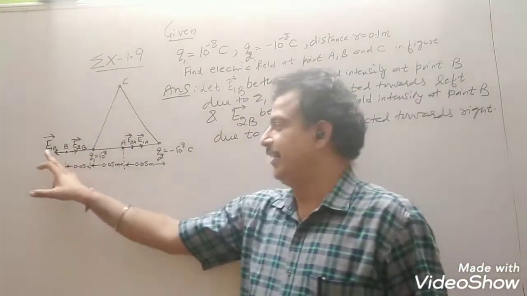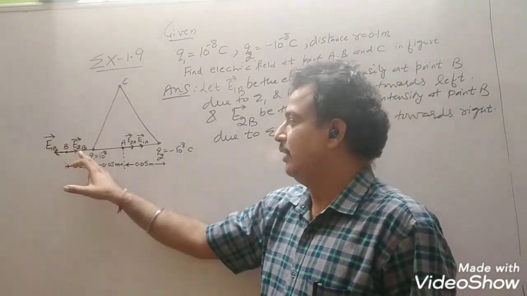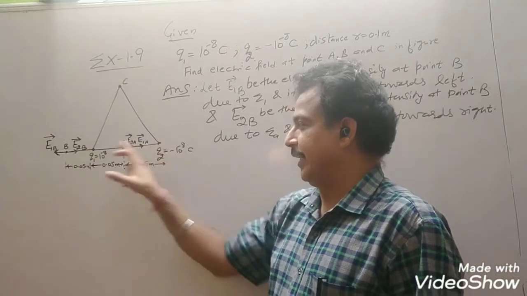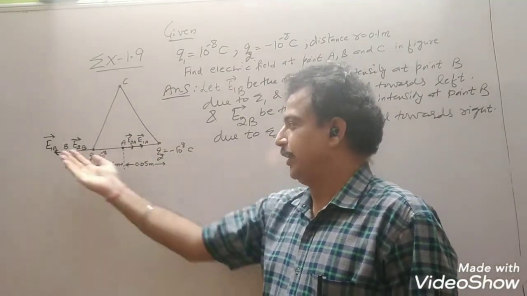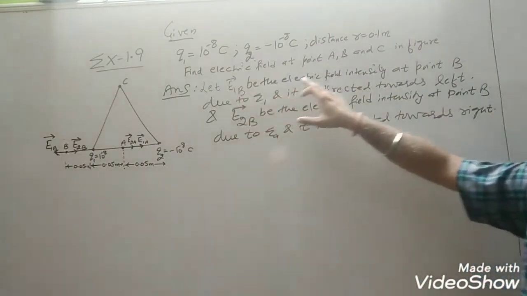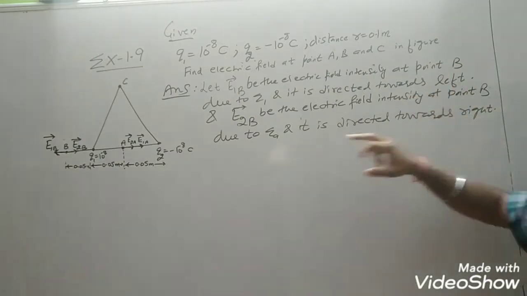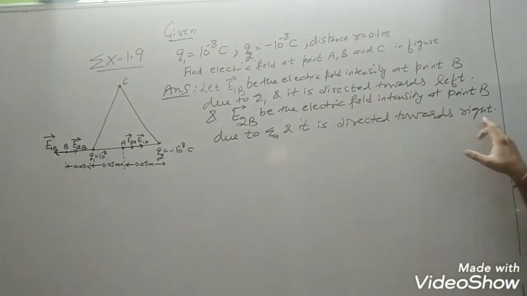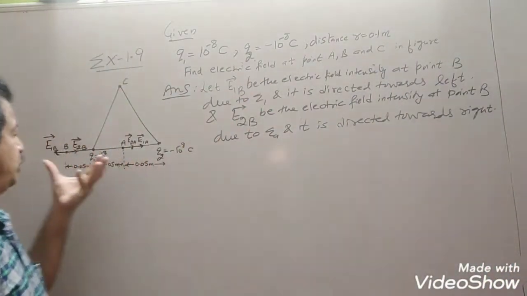So electric field intensity due to Q1 is towards left hand side and Q2 is negative, so the test charge which is positive will be attracted. So it is towards right. So E1B is the field at B directed towards left, similarly E2B is directed towards right, and both have the opposite direction.